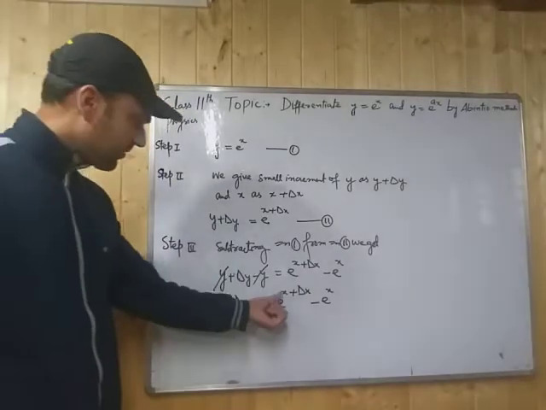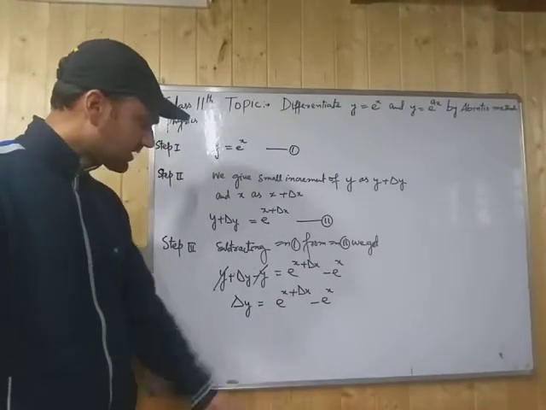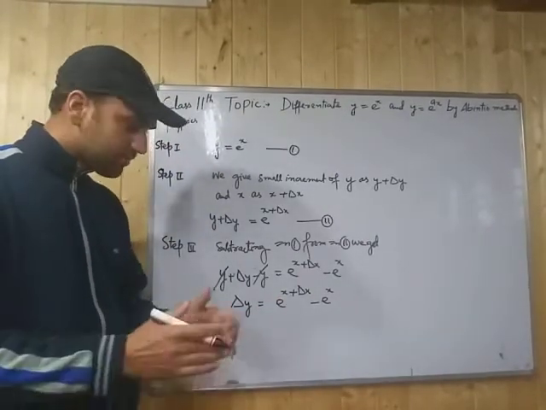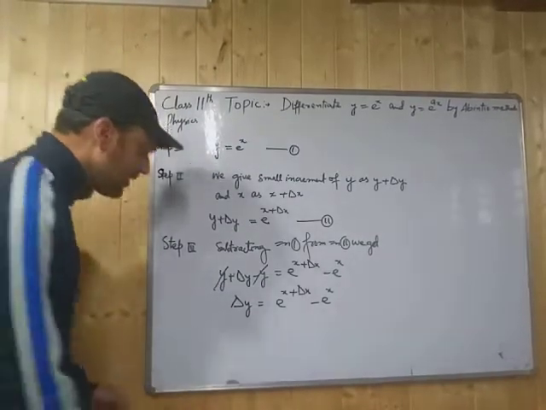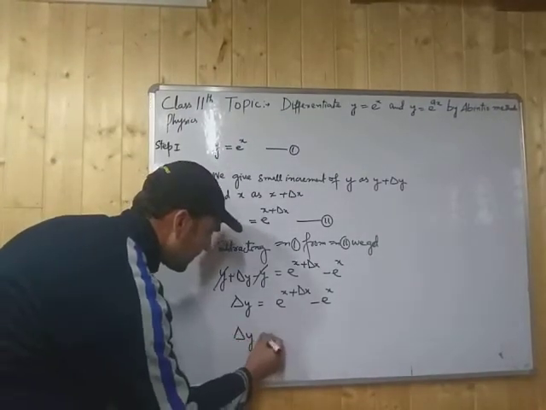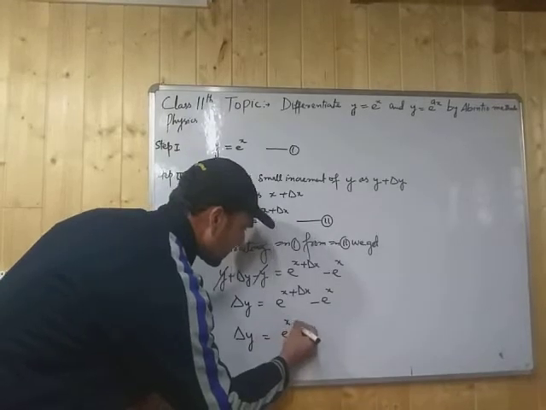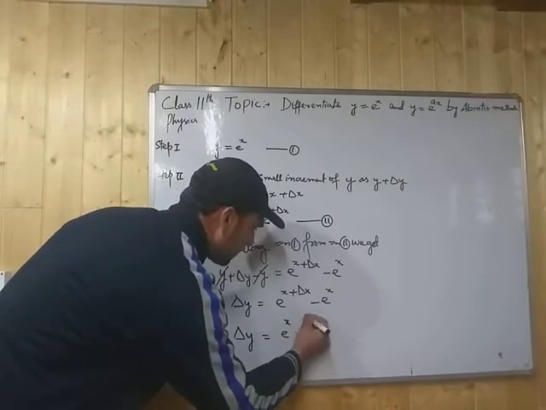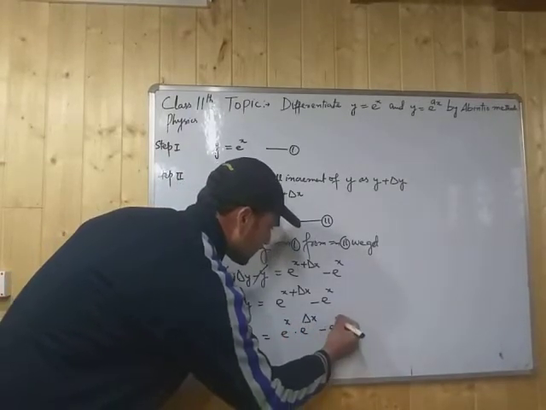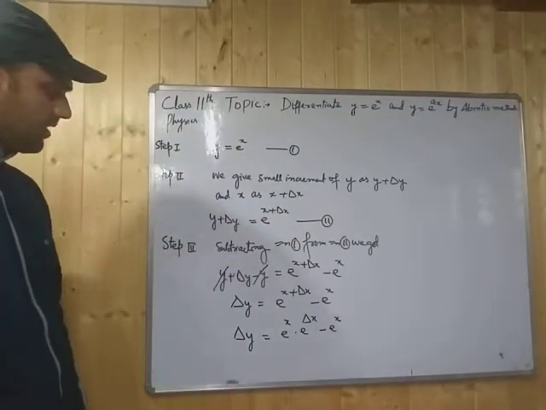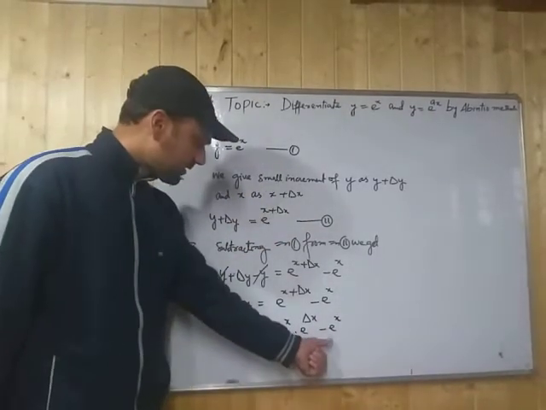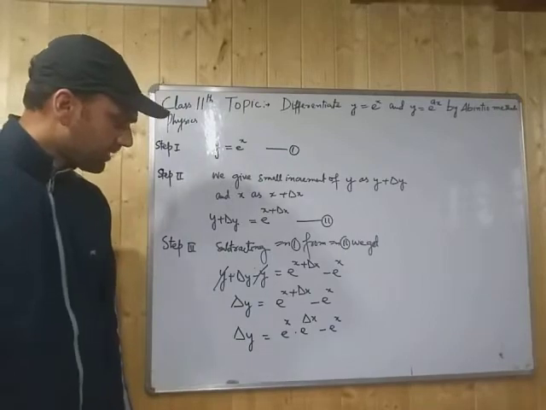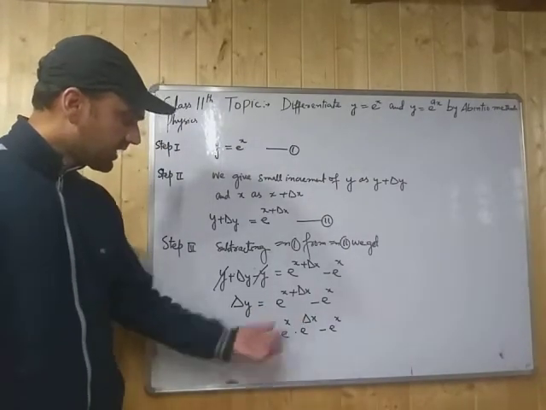Here the powers are added, so the bases are the same and the powers are added. So you can also take the base out separately. So we can write here del y is equal to e raised to power x dot e raised to power del x minus e raised to power x. Now here e raised to power x is there, and here also e raised to power x, so it is common in both places, so we can take it out.